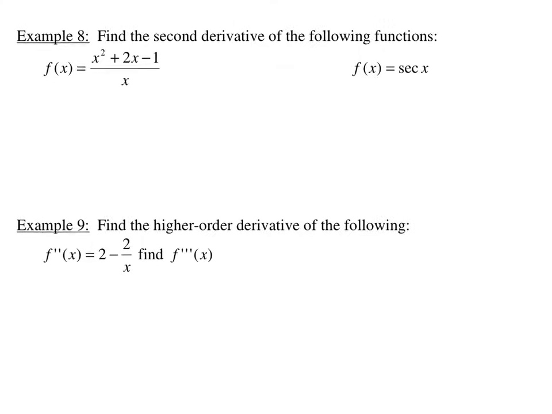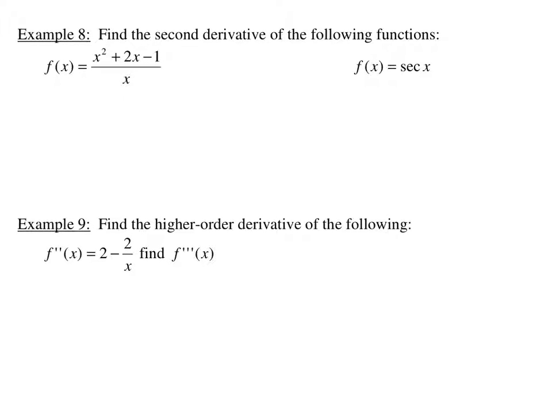Alright, so example 8, we want the second derivative. Now, what is the second derivative? Yeah, you take the derivative of the derivative. So the first thing that we have to do, let's go ahead and do the first one here, is we have to get the derivative.